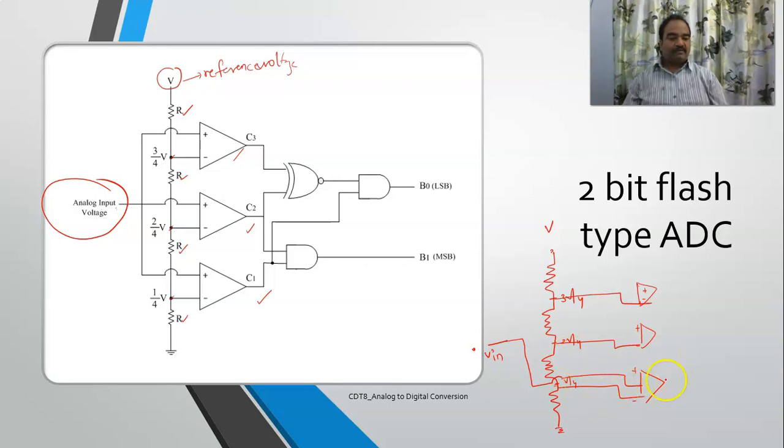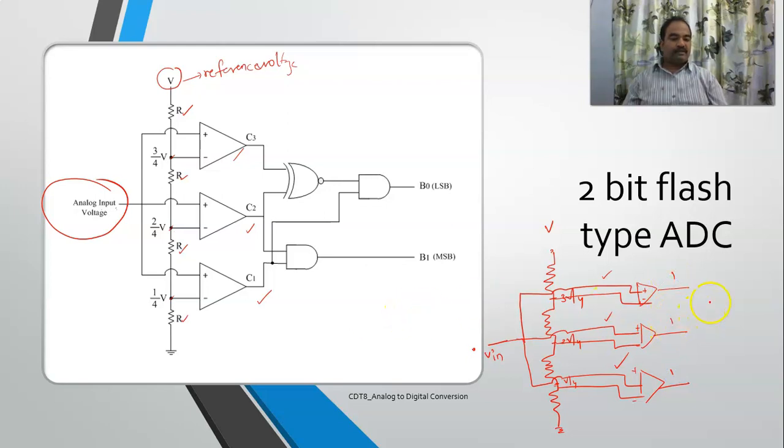Then if it is greater than V by 4, then only you will be getting an output here, 1. And here it is compared with 2V by 4. And again here it is being compared with 3 by 4. So if your voltage is greater than your 3 by 4, which means that this is passed, and this is also passed. Which means that your output will be 1, 1, 1.